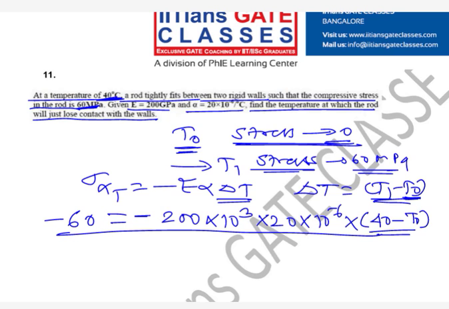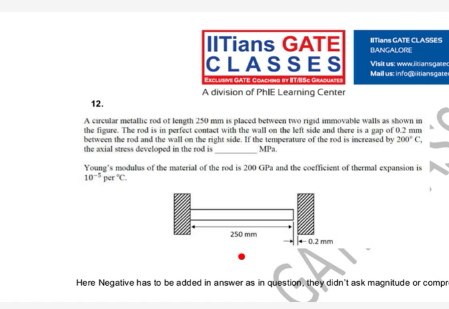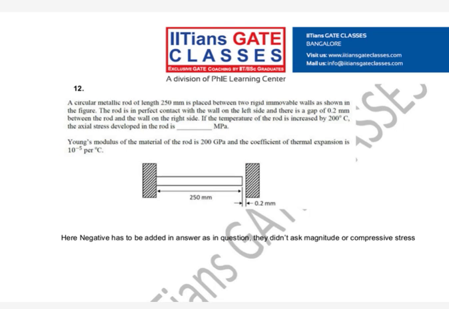Solve this. Your T naught will come as 25 degree centigrade. Okay, so let's move to the next problem. We have done this concept in the last class.